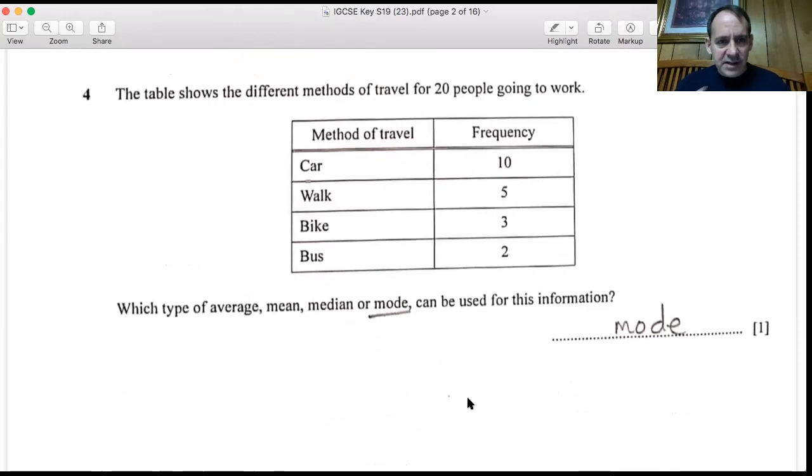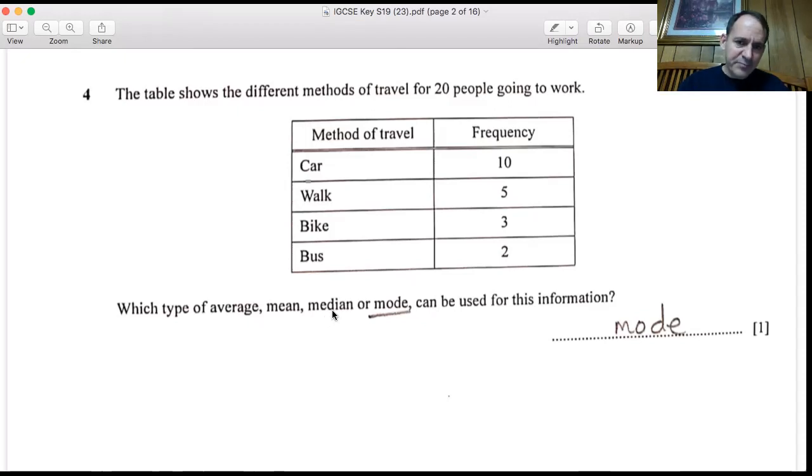Number 4, the table shows the different methods of travel for 20 people going to work. You see a car, 10 people use car, 5 people walk, 3 people ride a bike, and 2 people take the bus. Which type of average, mean, median, or mode, can be used for this information? When it says which type of average, it's basically saying which type of statistical analysis can be used for this information. It gives you 3 choices here. Mean would be the average. Would that be the best for this?